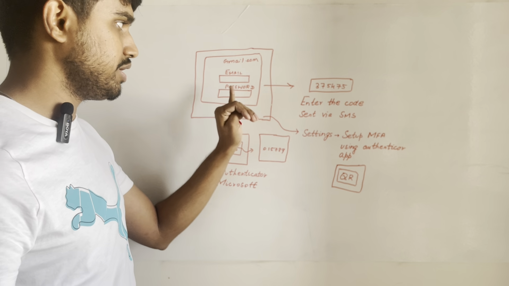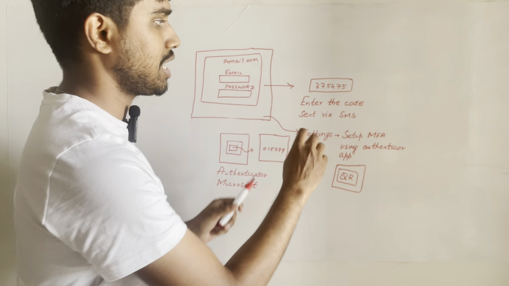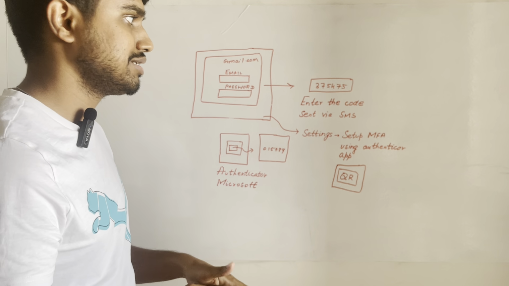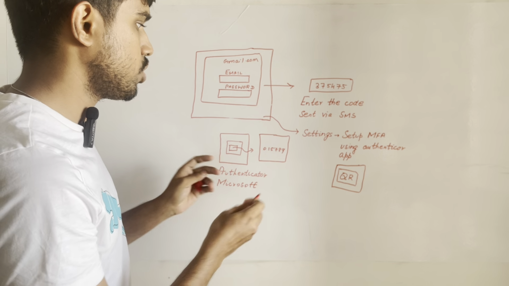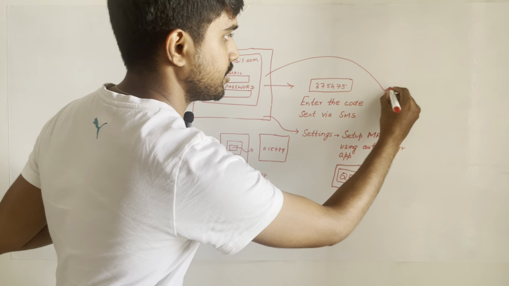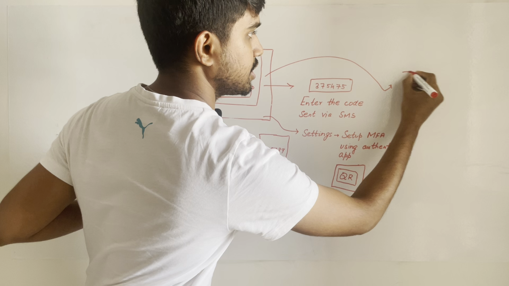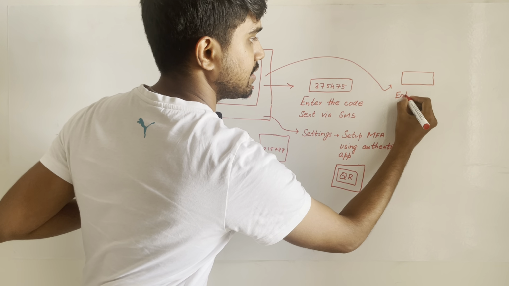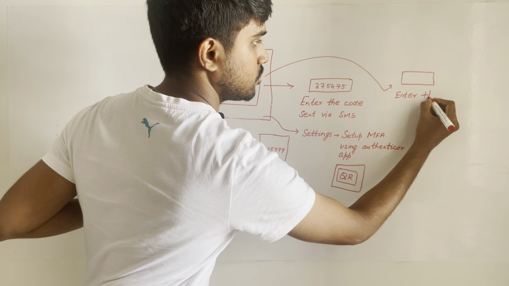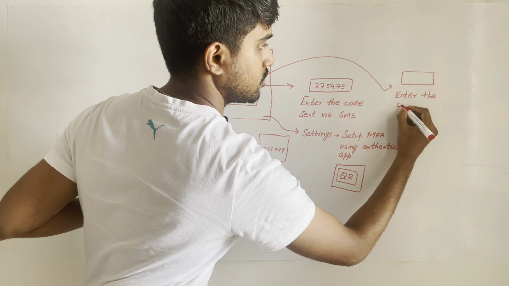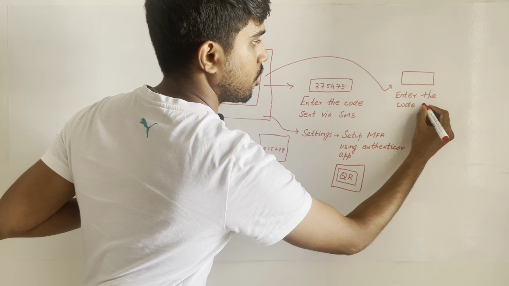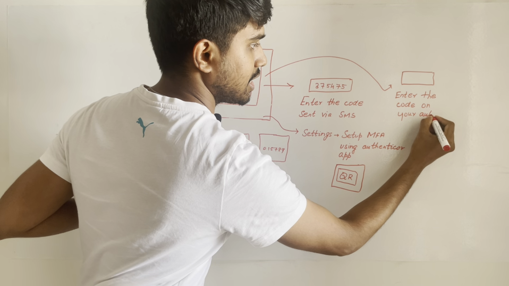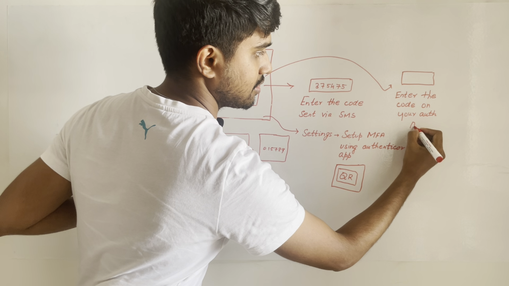So now when you enter your email and password, it won't ask you to send the code via SMS. What it will do this time is, I'll draw it here. It will ask you the same box. Instead it will say enter the code on your Authenticator application.